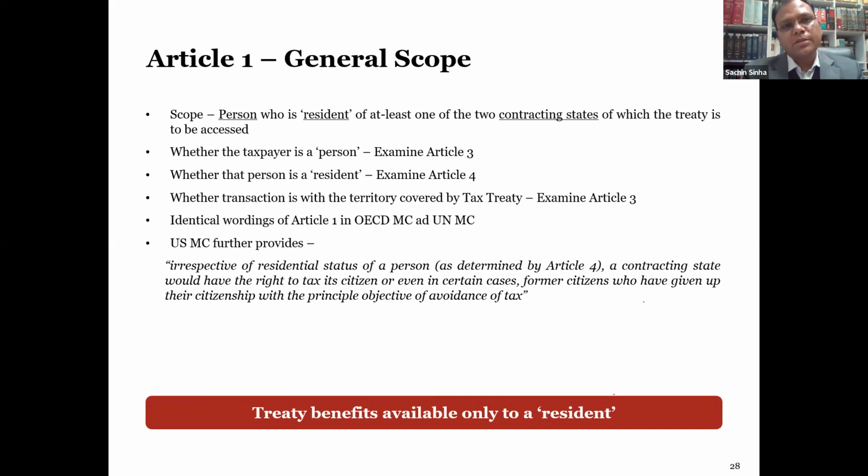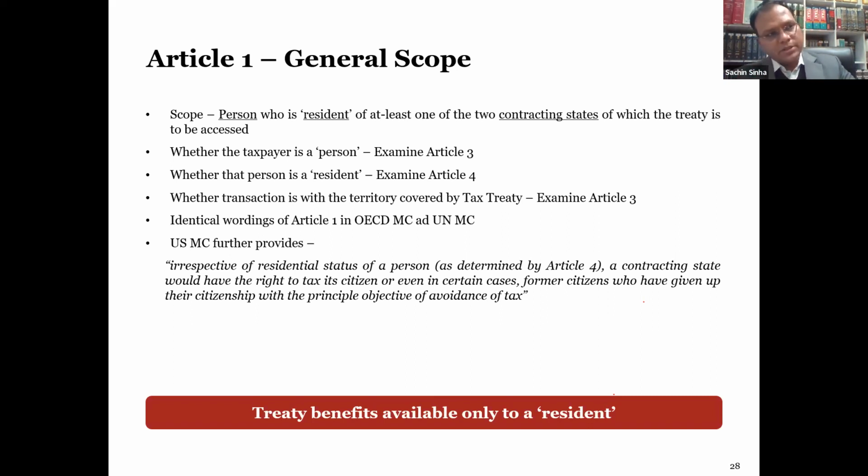So it means this will apply only when the person on whom you are trying to test is a resident of that country, or that person is resident of both the countries. It may so happen that one person may be resident of two countries, then it can be applied in that scenario.